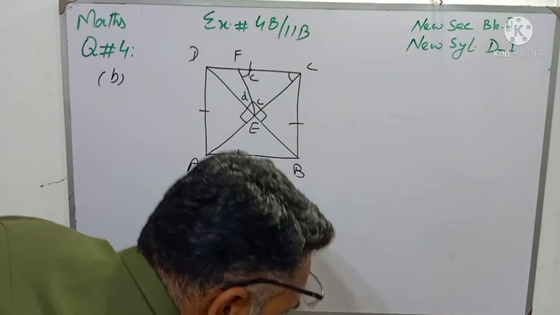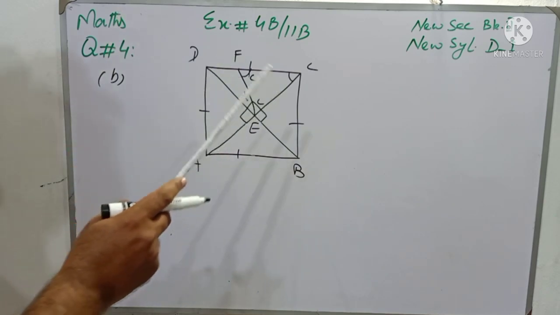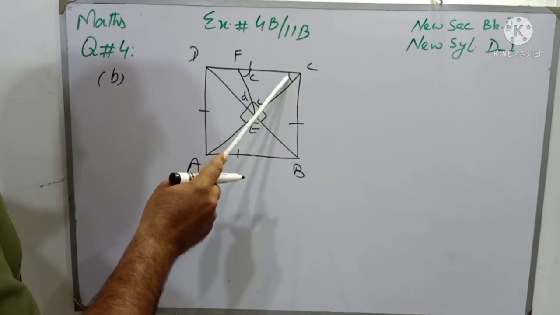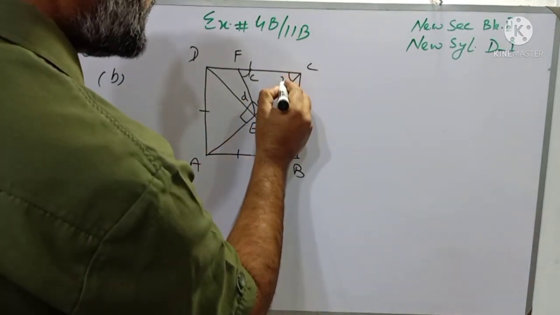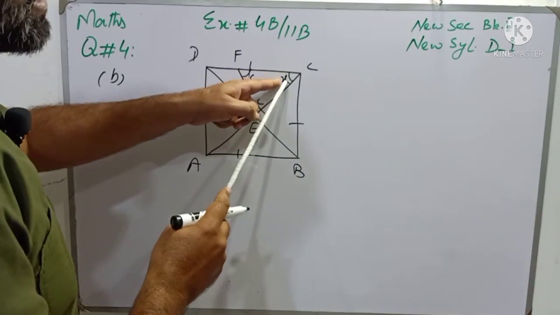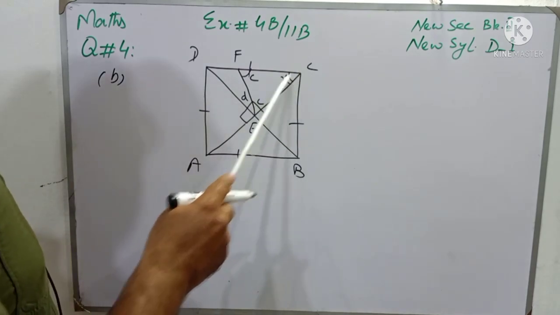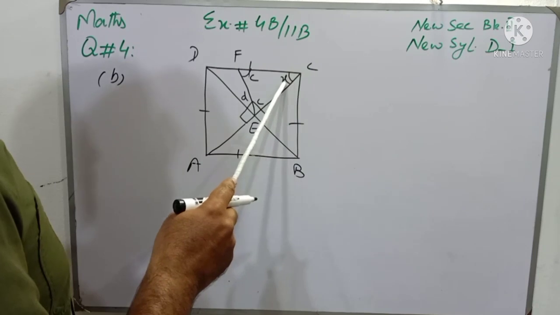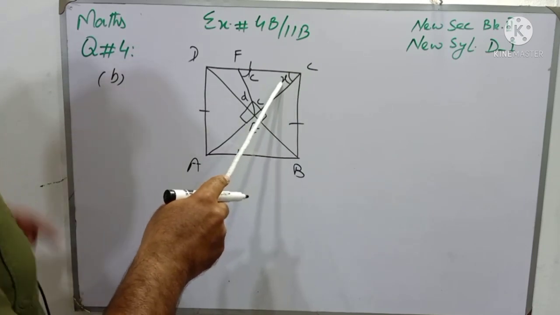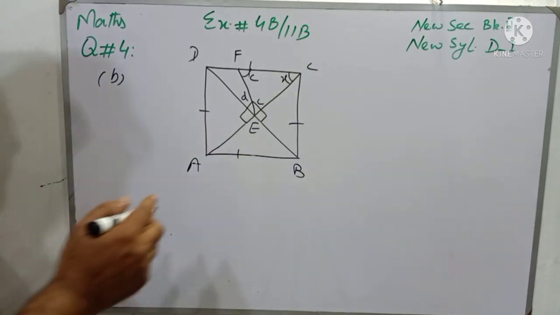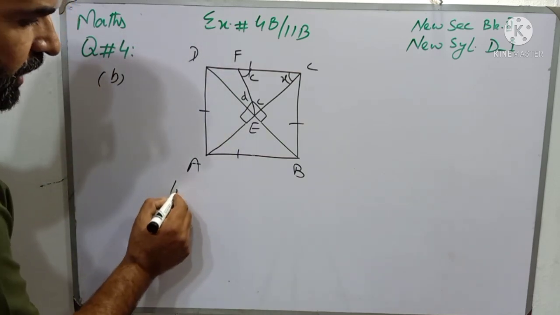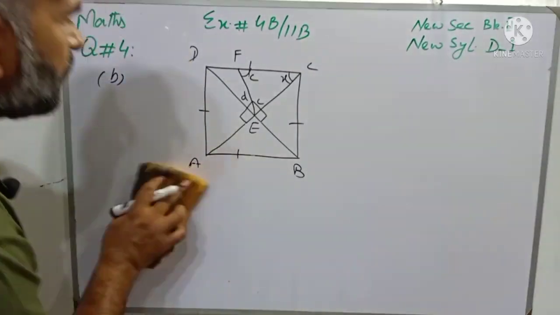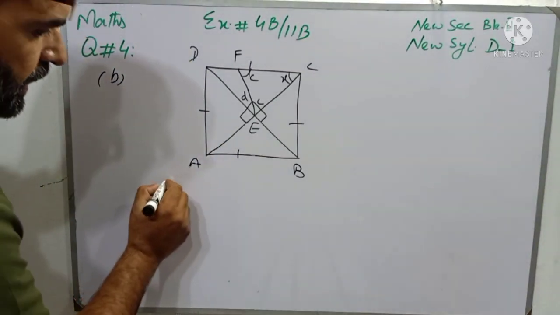So here you must keep in mind that first we will discuss triangle FEC, in which we can name this angle as angle X. Angle X is 45 degrees because AC is a diagonal and the diagonal bisects each right angle, so half of a right angle is 45 degrees.